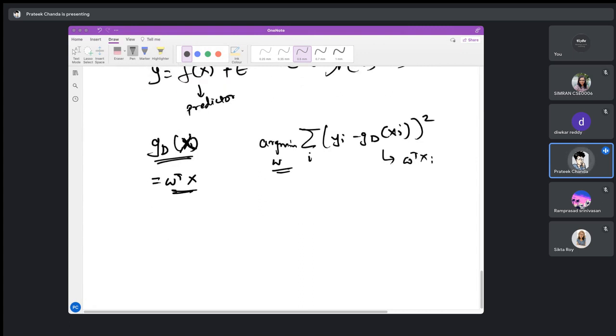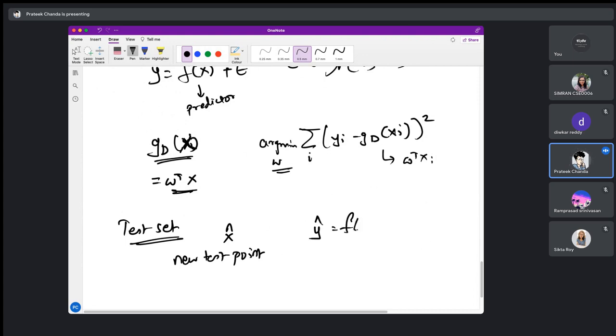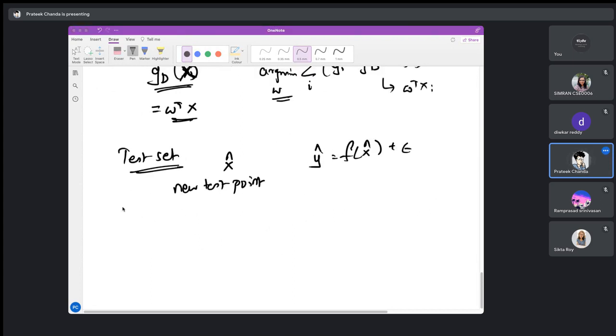For a new test set, you now have a new test point x hat. In that case, y hat would be f(x hat) plus some epsilon. My question is, what is the expected test error?